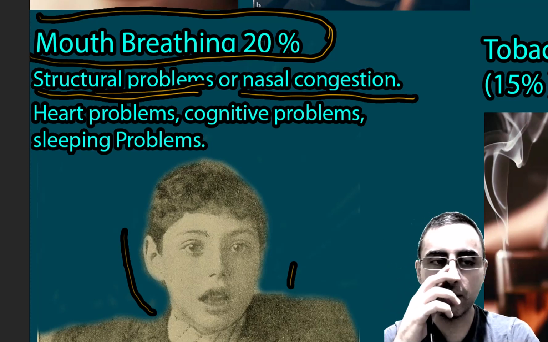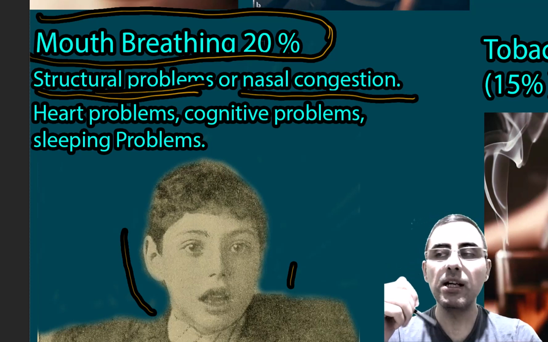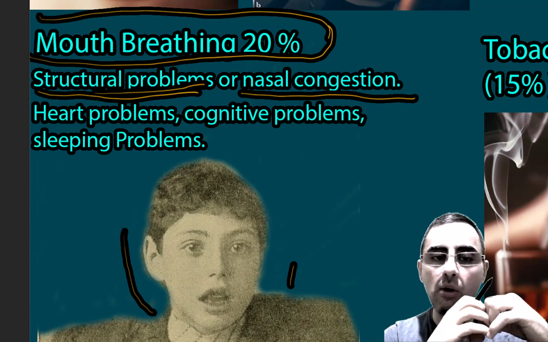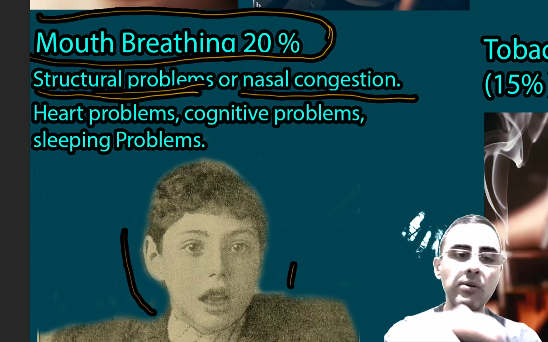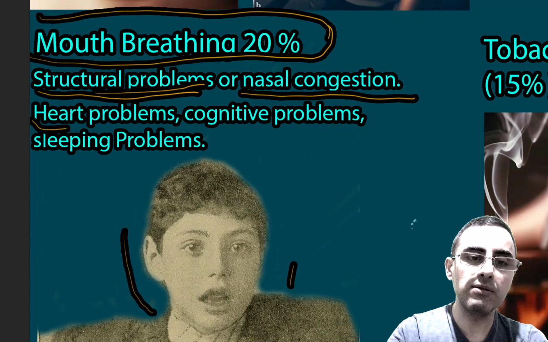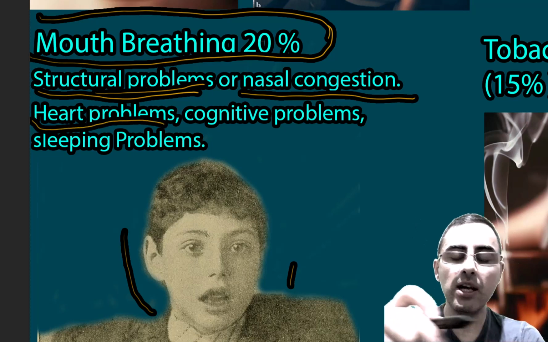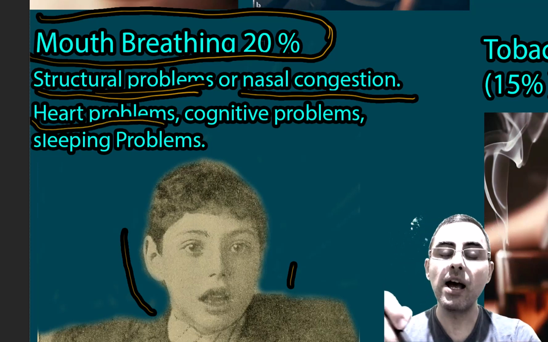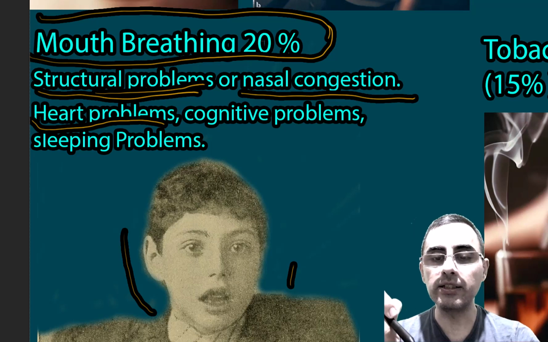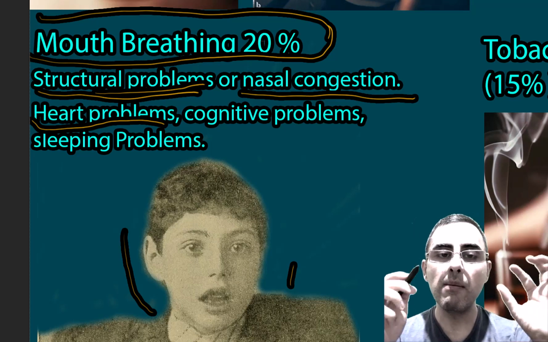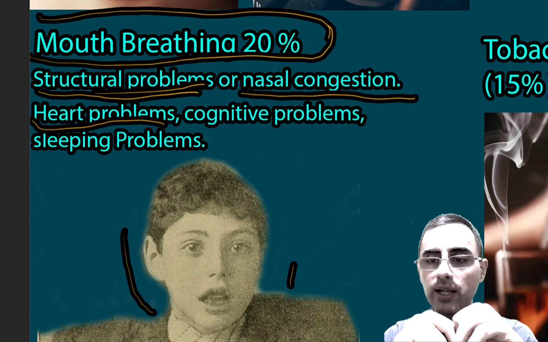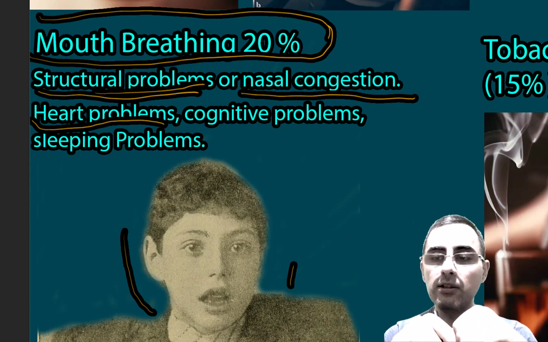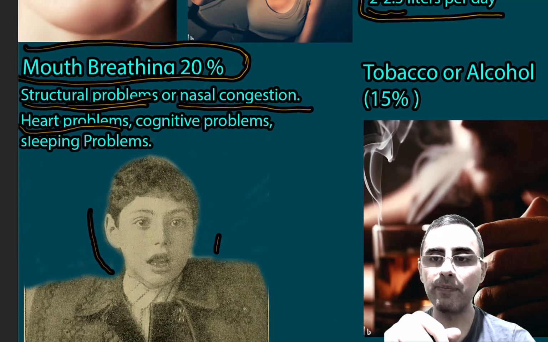And why is mouth breathing important? Because it causes not only dry mouth, but in the future it's also associated with heart problems, cognitive problems, sleeping problems, halitosis, and dental problems. That's why mouth breathing requires treatment to prevent long-term complications.